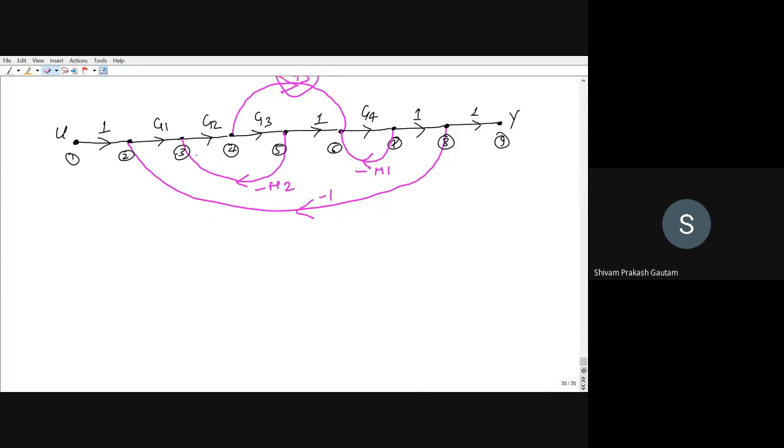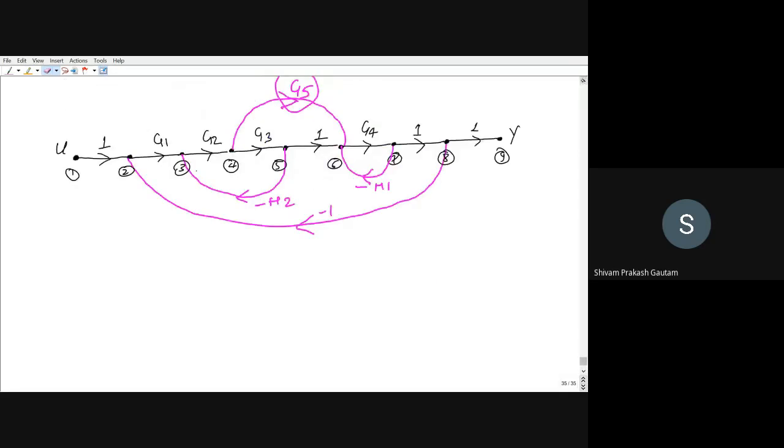Now you have to calculate del. So del will be equal to 1 minus sum of gains of all individual loops, plus sum of product of gains of two non-touching loops.